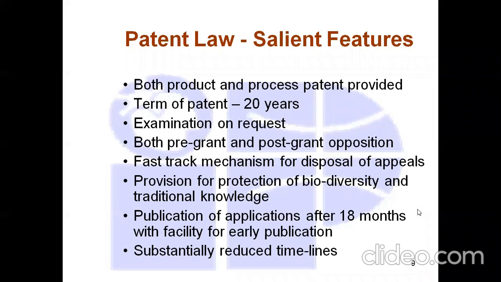The publication of applications happens after 18 months, with a facility for early publication. From 2019 onwards, you can publish through the fast track mechanism in just 1 month, though the charges are different, around 53,000 rupees.